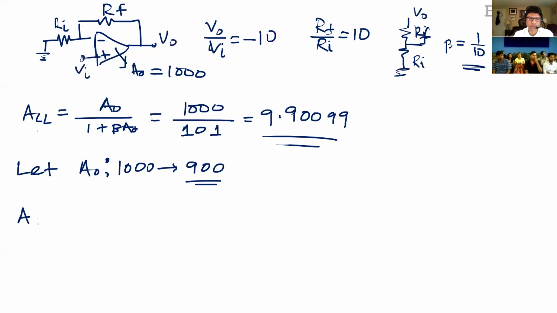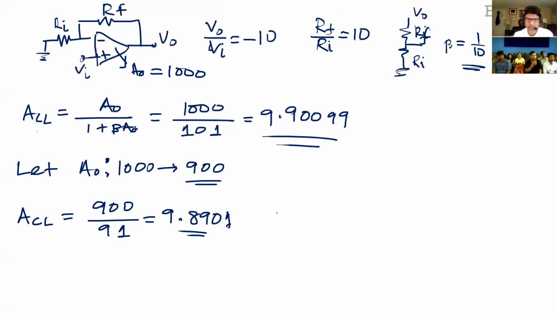So what's your closed loop transfer function now? It'll be 900 over 1 plus beta times A naught, so that'll be 900 over 91. And if you calculate it exactly to the 4th decimal place, it's 9.8901, right?